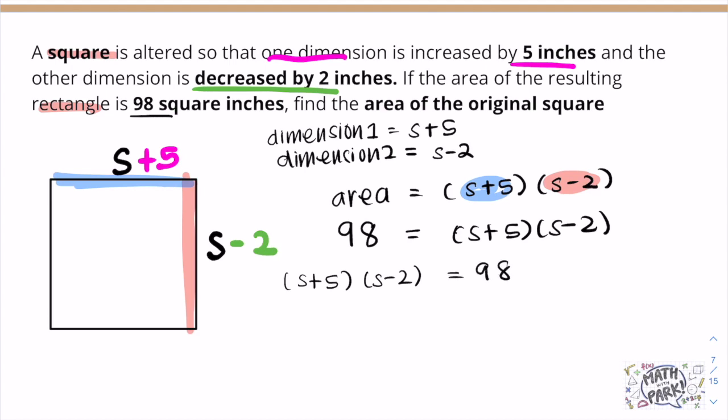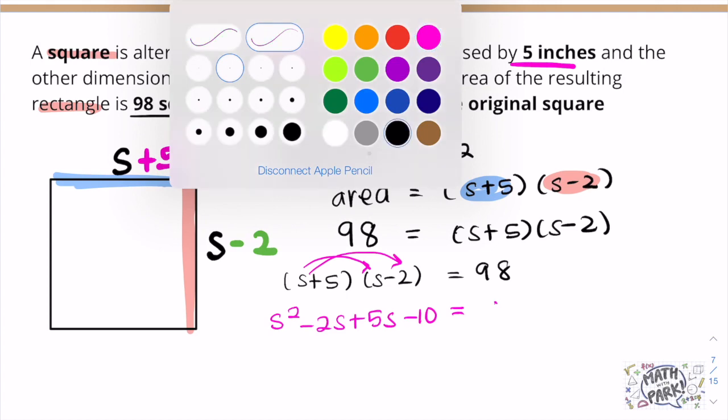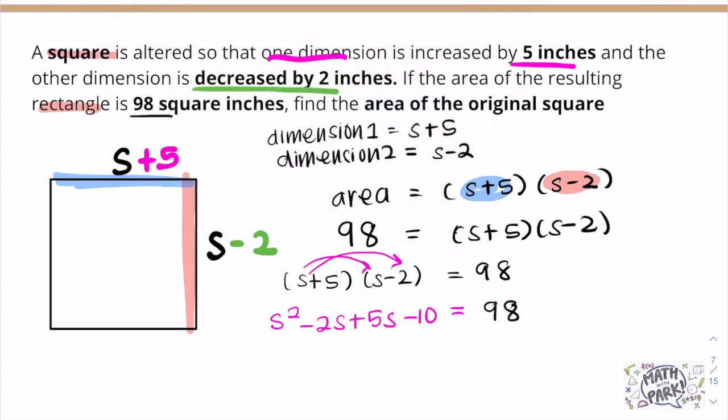Now to solve, since the equation does not equal 0, we have to FOIL. So we get S squared minus 2S plus 5S minus 10 equals 98. Then what we're going to do next is subtract 98 from each side. And we'll get S squared.